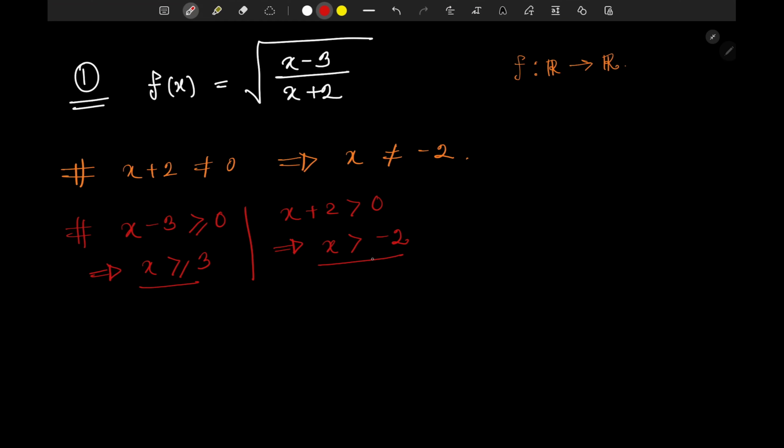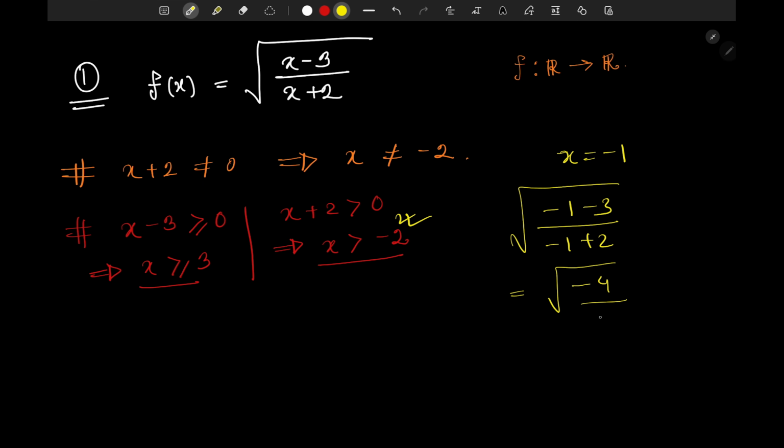However, if you just stick to the condition x is greater than minus 2, let's say you take x equal to negative 1. You put that into the fraction, that is minus 1 minus 3 over minus 1 plus 2, which is equal to minus 4 divided by 1.